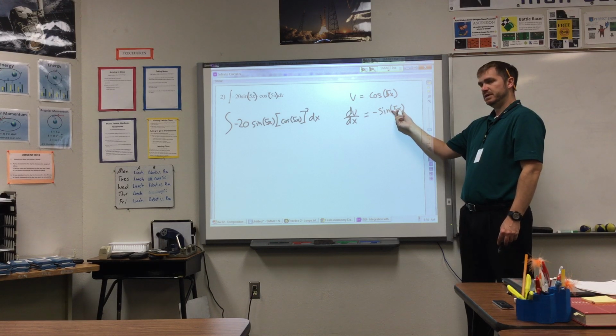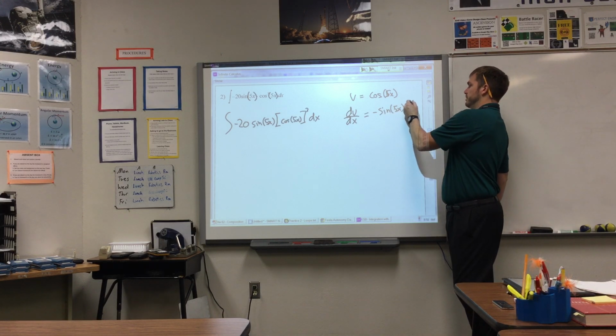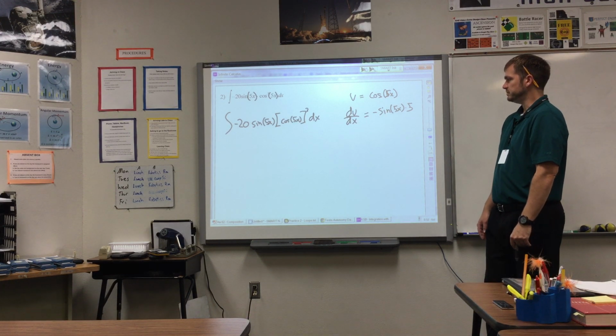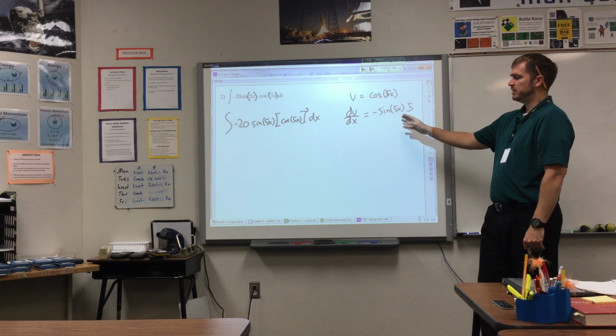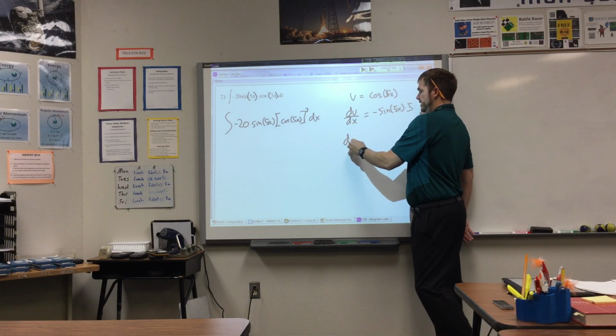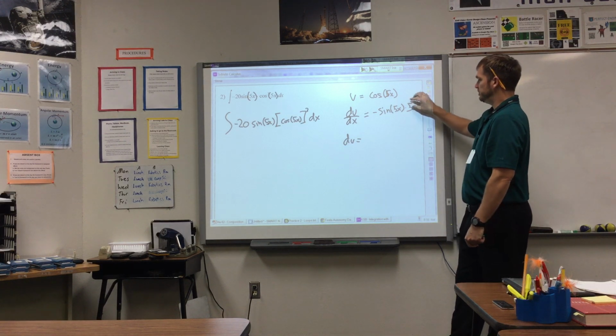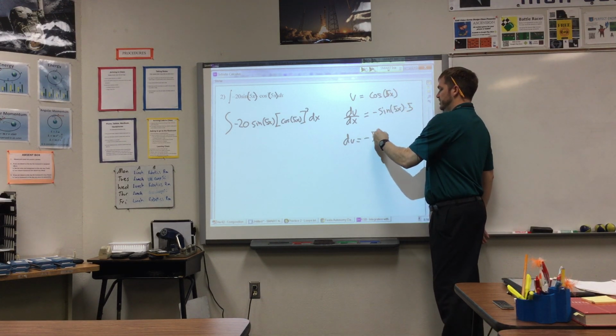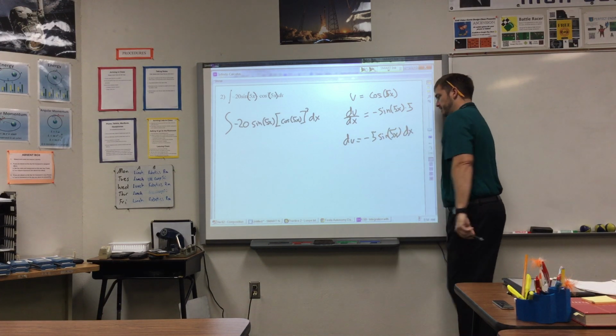The derivative then of the inside would be 5. Then our next step in the process was to multiply both sides by dx. So we have du equals, and I'm going to move this 5 as a coefficient up front here, so negative 5 sine of 5x dx.